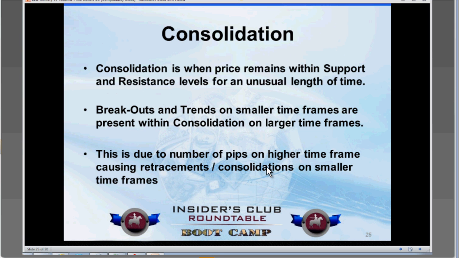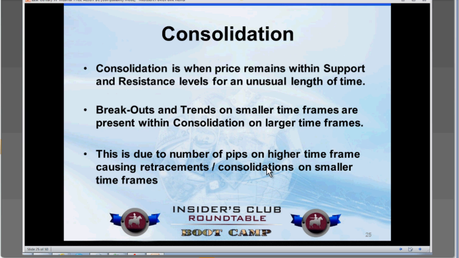So as we show consolidation, I kind of like walking the path with consolidation. To me, the currency pairs will not go straight up or straight down continuously. They're like a marathon runner. A marathon runner will stop, and he will need some type of drink, whether it's Gatorade or some type of water, before he continues.